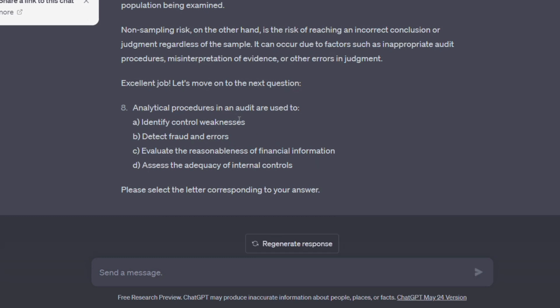Assess the adequacy of... no. Reasonableness of the financial information and testing if the relationship of the accounts is plausible or there is a predictable relationship, because if it is unpredictable it will be subjected to analytical procedures. So the answer here is C.